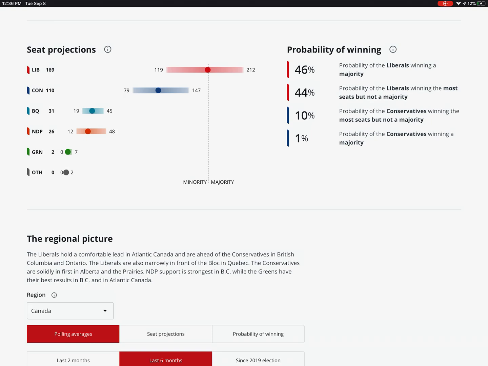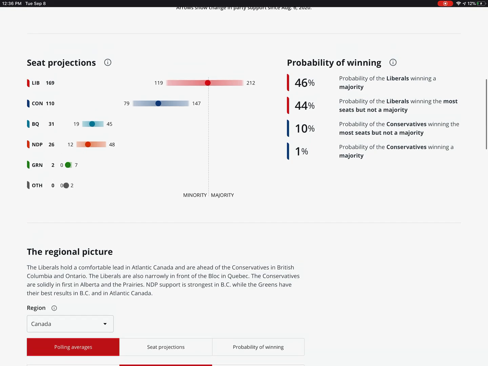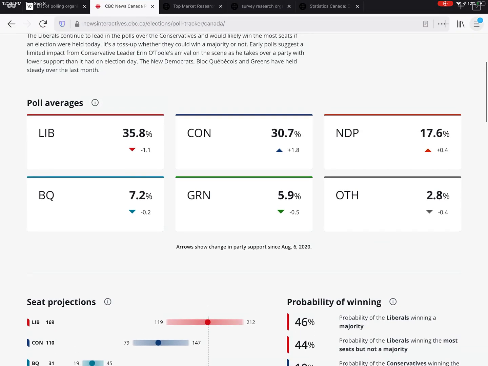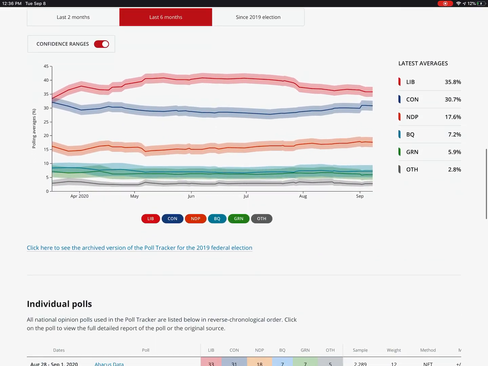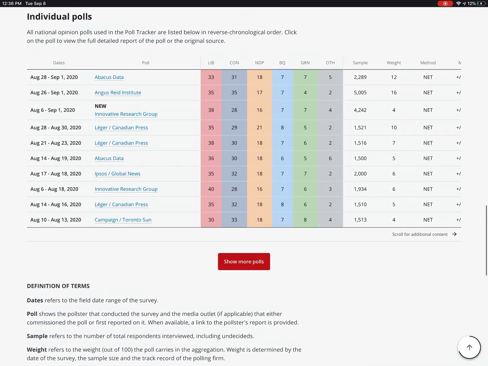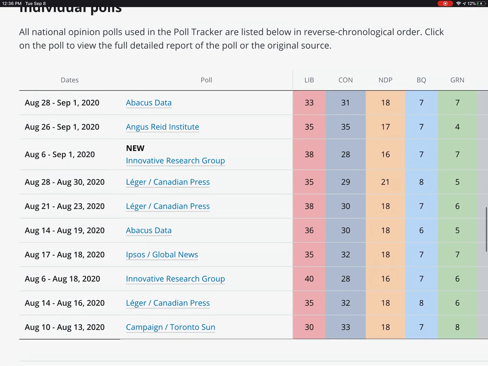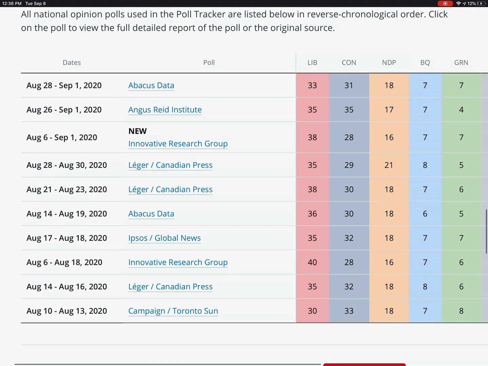That's just short of a majority, I think, by about one seat. There's a bunch of regional stuff as well, but here are the individual polls that they're basing it on. Again, there are the names of ones that you've seen before.